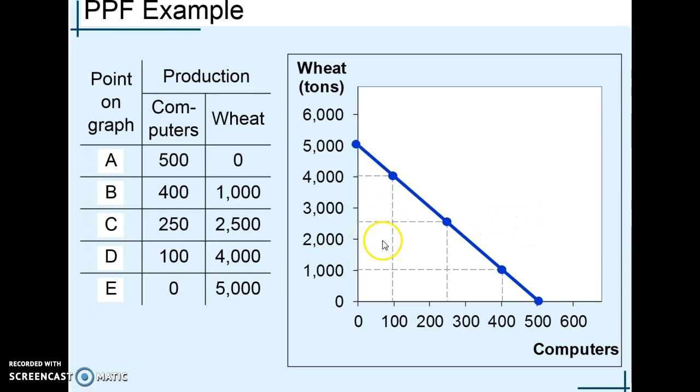So anything in here, if we were producing, let's say, only 200 computers and 1,000 bushels of wheat, anything within this area here is not efficient.